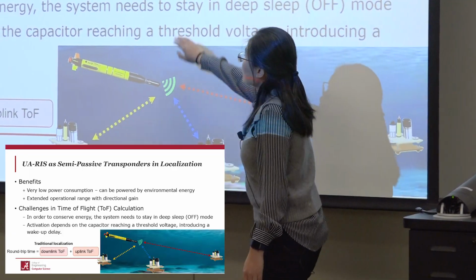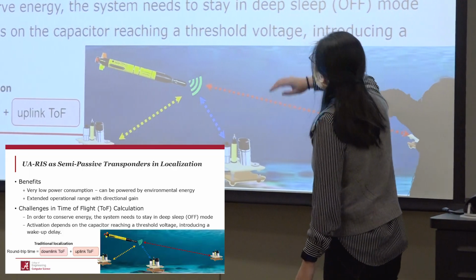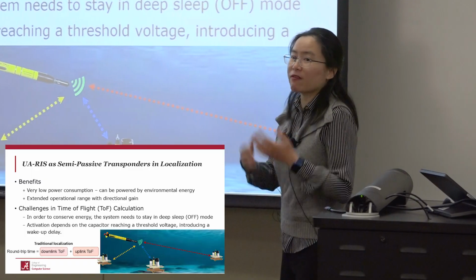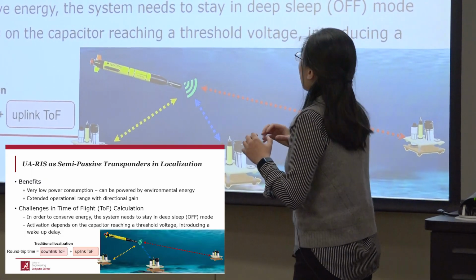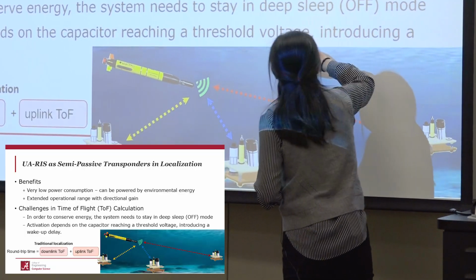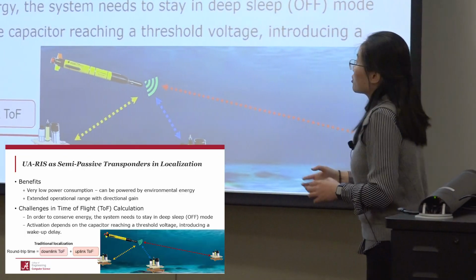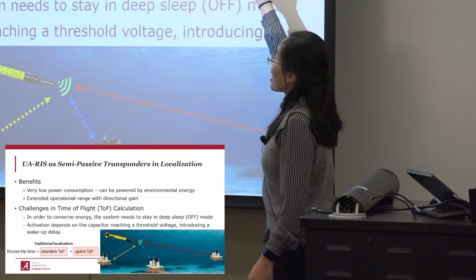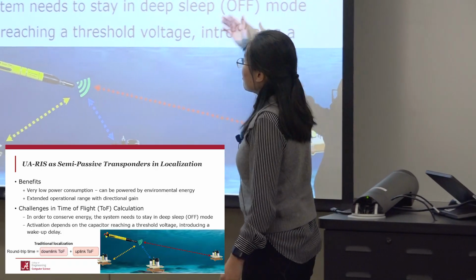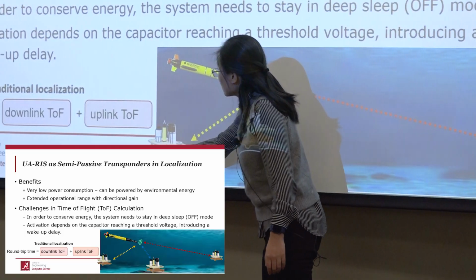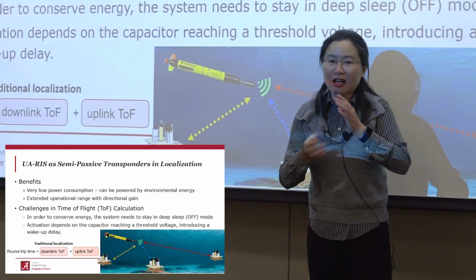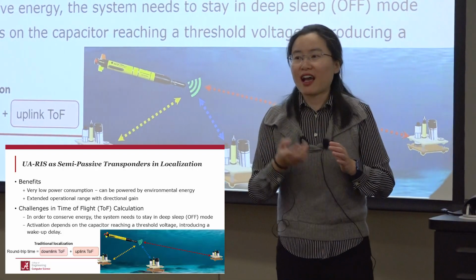Because in order to conserve energy, the system will stay in the off state. Basically, it needs to be in deep sleep mode or completely off in order to save energy for the RIS. And that means when the ping reaches the transponder, it will take some time to wake up the device.